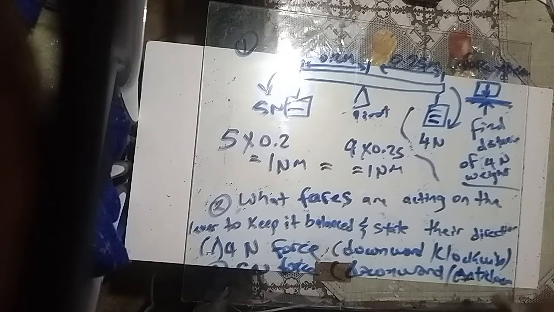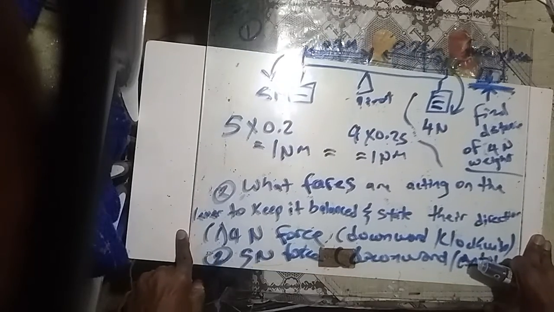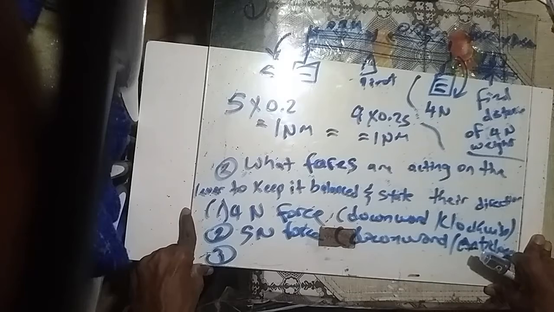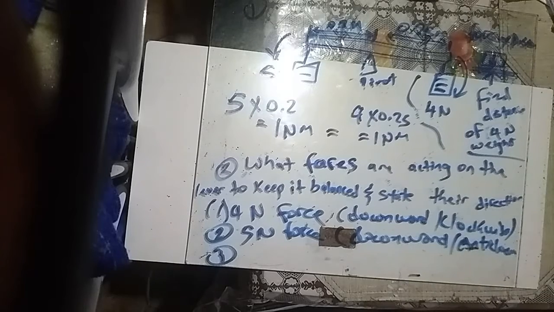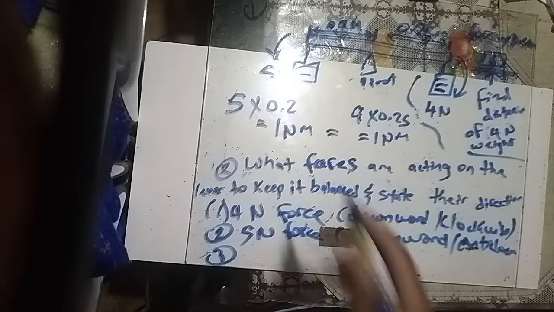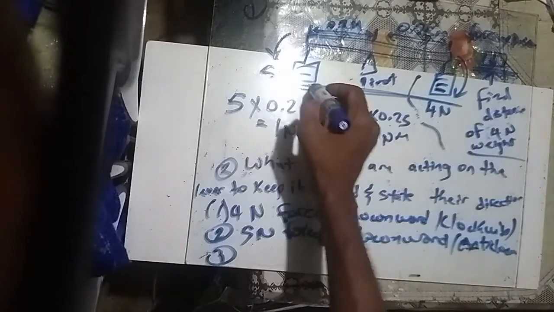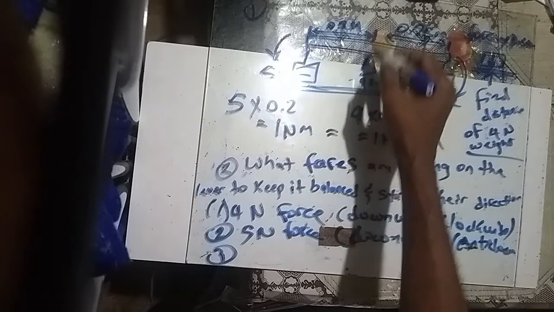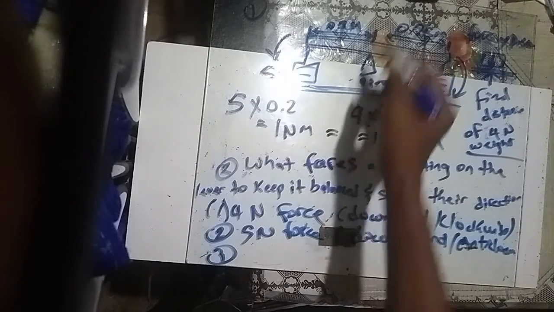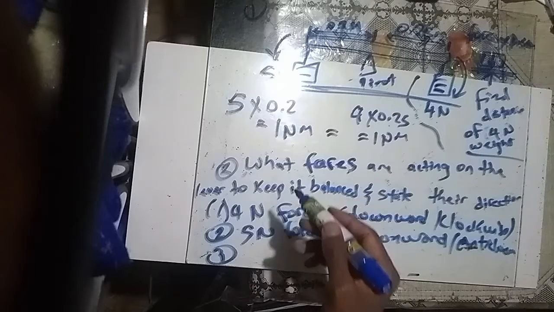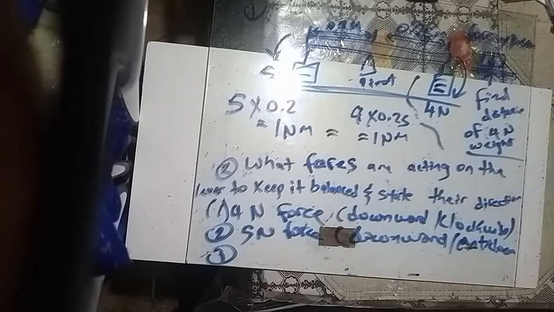So the total force will be opposite and anti-parallel, right? These 5 Newton and the 4 Newton would be parallel. Parallel means they are in the same line, okay? They are in the same line. But the normal force and the total force of them are basically vertical to each other, right?